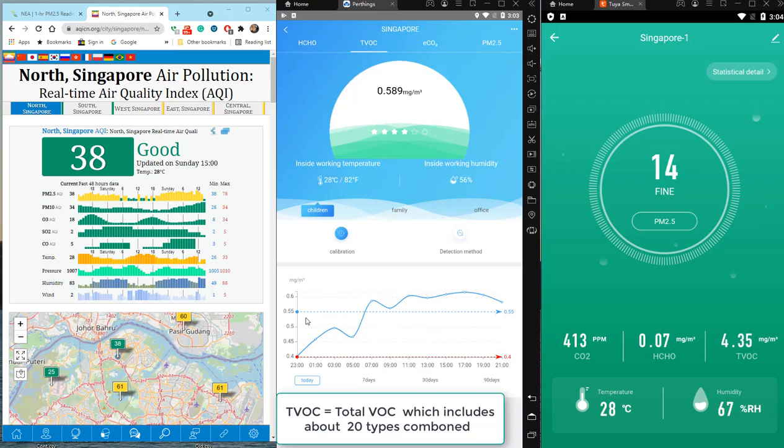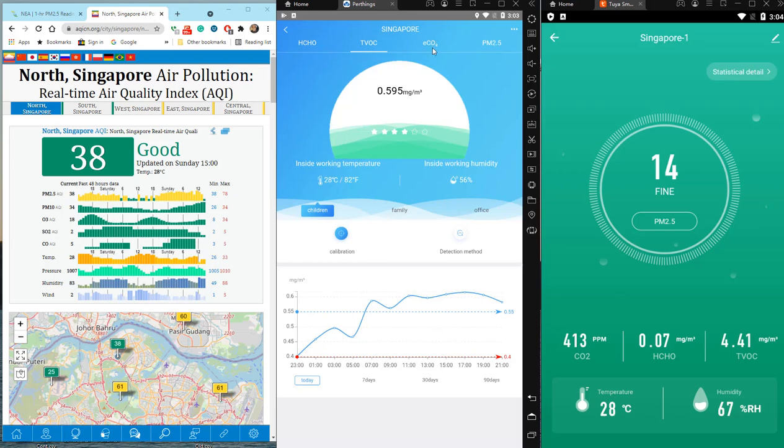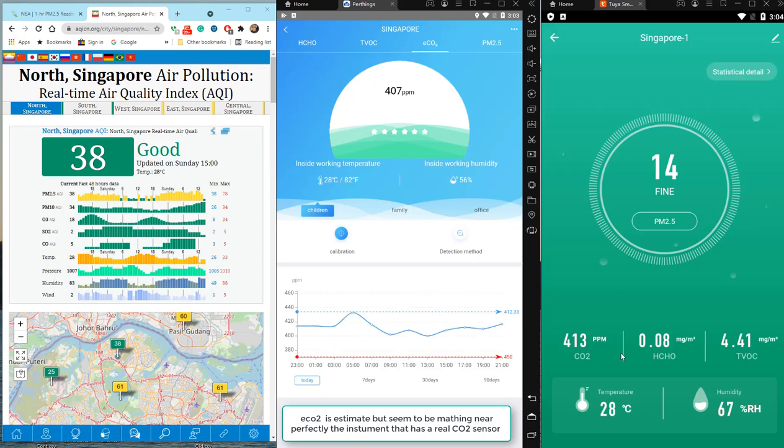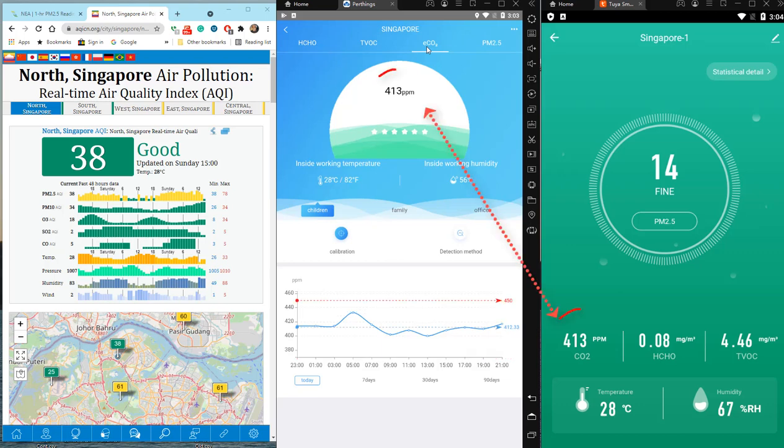And likewise, I am also looking at this one has got a real carbon dioxide sensor, whereas on the center, this one, it has only an estimated carbon, so it is actually making a computation, but nevertheless it still matches close enough. So I have no major concerns about it.